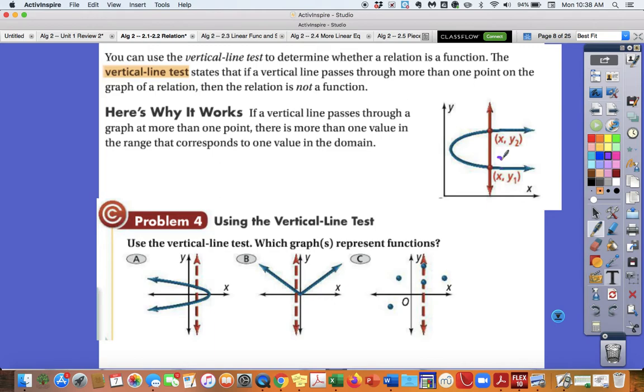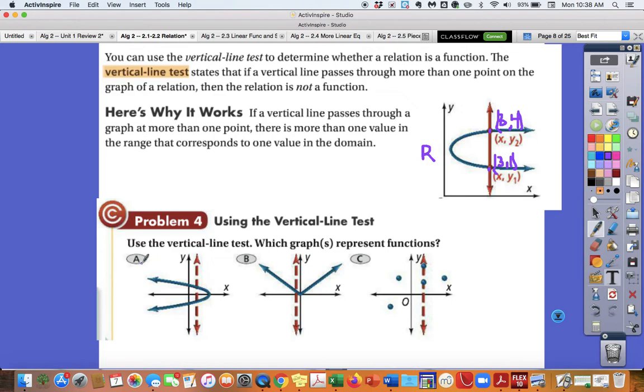If this had been 3, 1, and this had been 3, 4, we would come over to 3 and go up 1, and then come over to 3 and go up 4, which would make these 2 dots on top of each other. That only happens when the x values are the same. So if you can draw a vertical line through any point of your graph that hits it twice, it is not a function. It is only a relation.